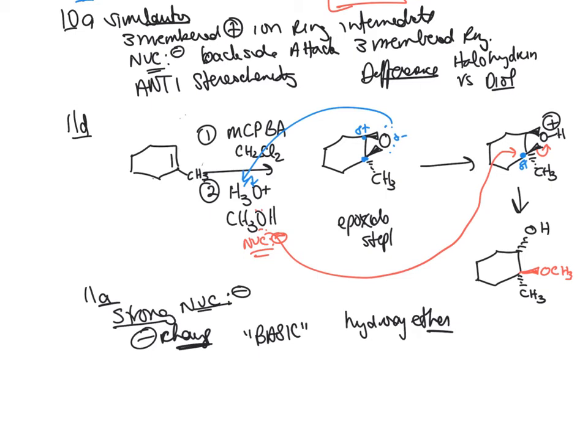Draw curved arrows to show how the nucleophile attacks an epoxide in the reaction below. Now I'm going to show you this, but I'm going to also put a methyl on there. So I'm doing 11C, but I'm going to use this example instead.